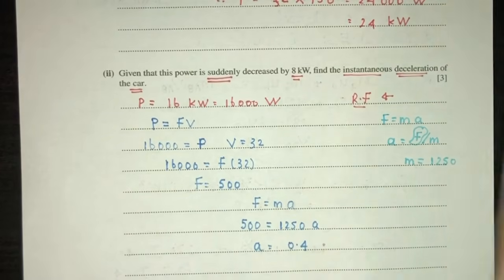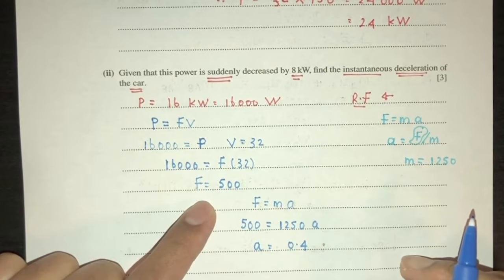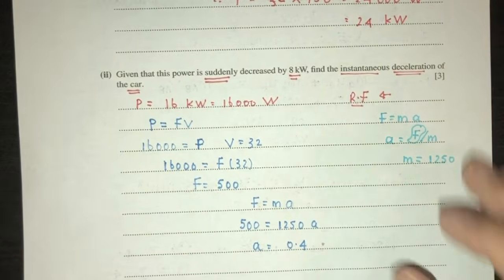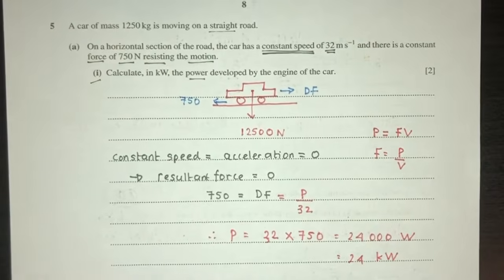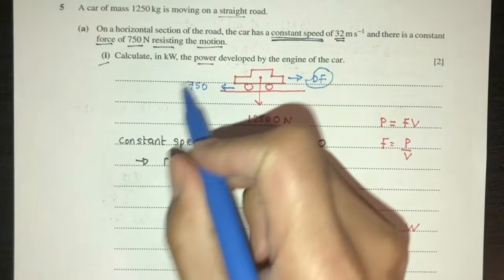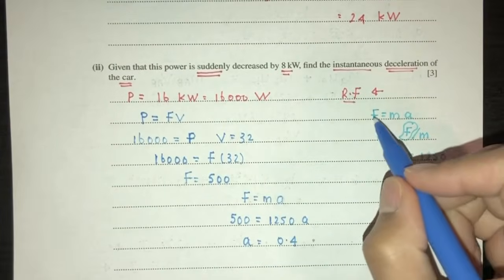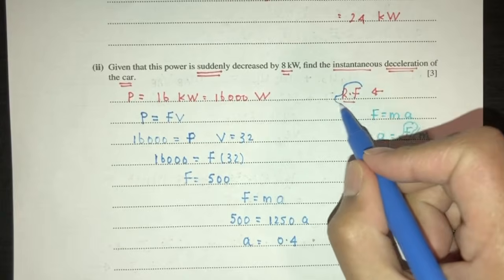So let me see if something is missing, because we have to find the resulting force and not the force itself. Okay, so yes, I know something is missing here, because from the drawing we have a driving force and also this resistance, so we have to subtract the resistance. So we are missing that because the F here is actually the driving force, not the resulting force.